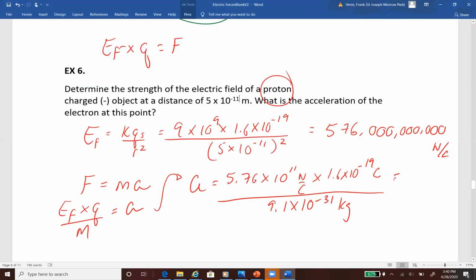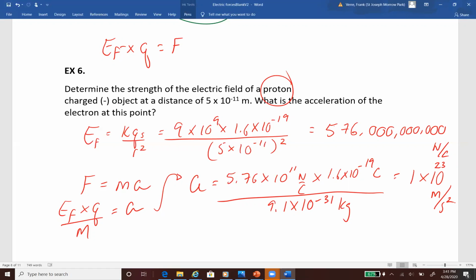Now, I got a number. If you want to verify this, because I don't want to jump to the calculator since I don't know what's going on with my computer, I got a value of about 1 times 10 to the 23 meters per second squared.